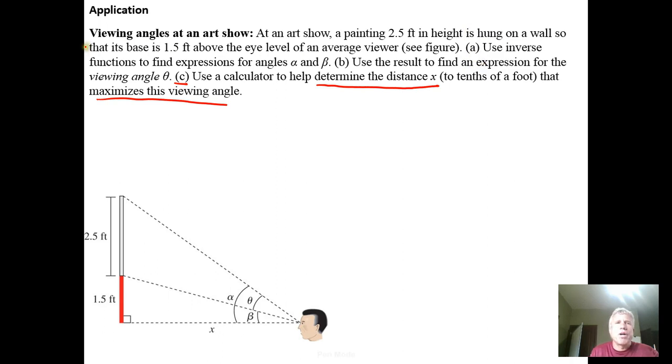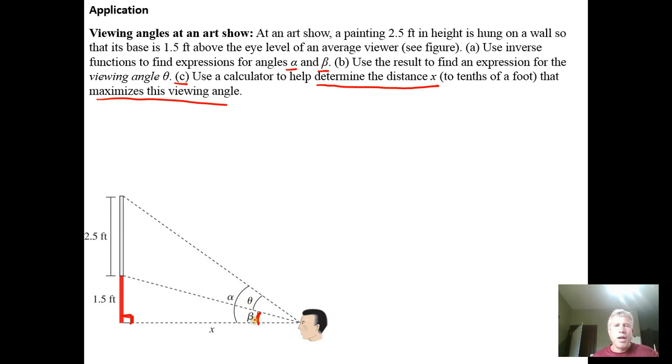It says use inverse functions to find expressions for angles alpha and beta. So here's alpha. Alpha is this big angle here, and here's beta. Beta is this baby angle right here. And what I want to recognize is that both alpha and beta are associated with right triangles. So I can use right triangle trigonometry to describe beta.